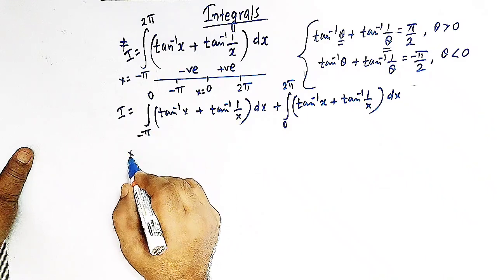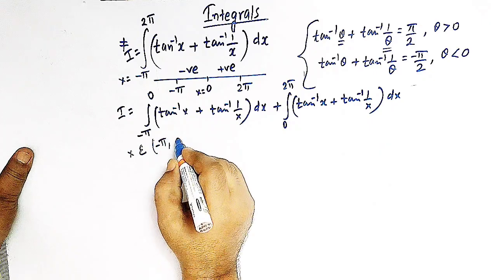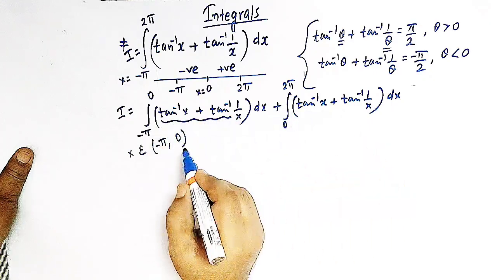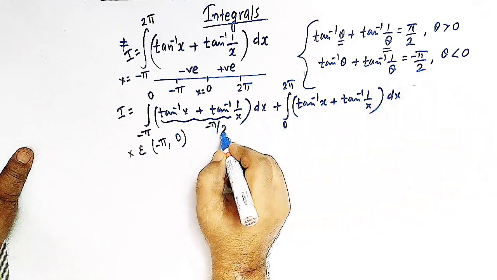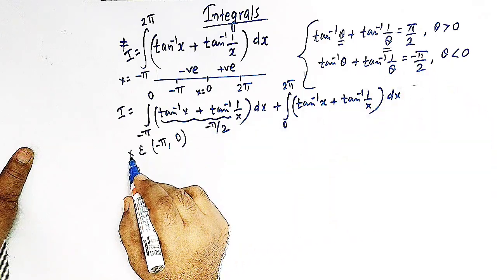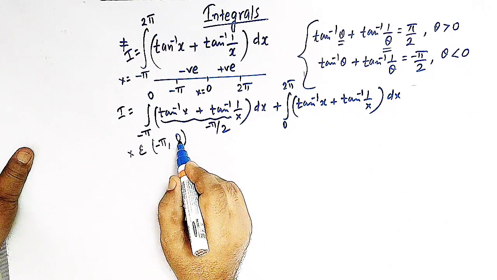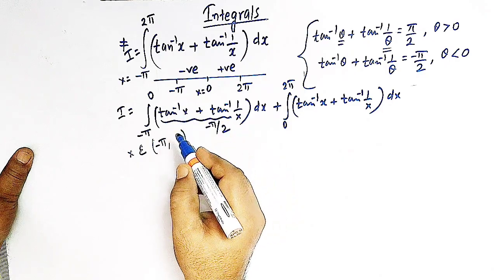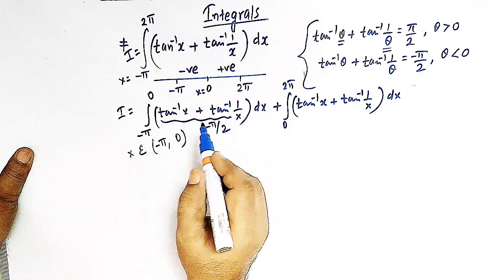The purpose of splitting this integral into two parts is that when x belongs to the interval from minus pi to 0, the value of this expression is equal to minus pi by 2, because all the values of x in the interval minus pi to 0 are less than 0, so all the values of x are negative.